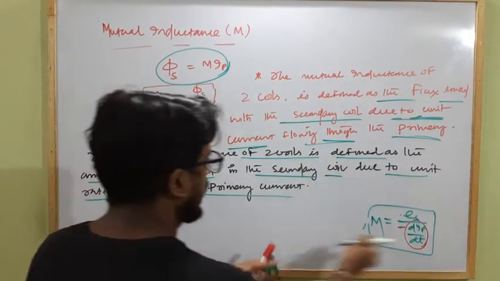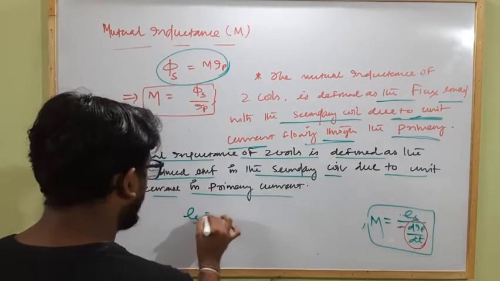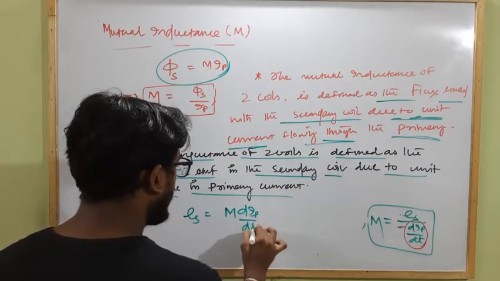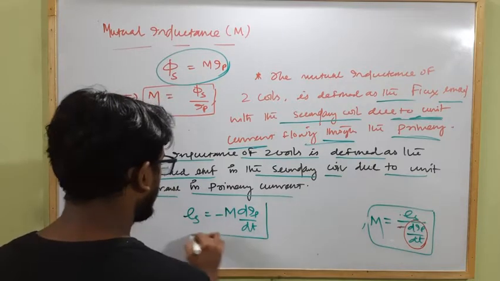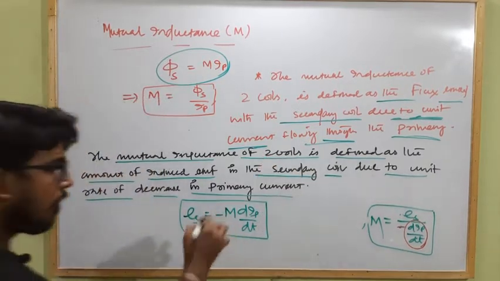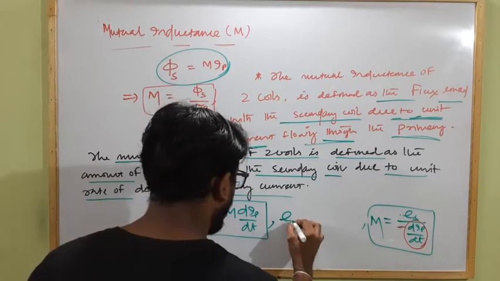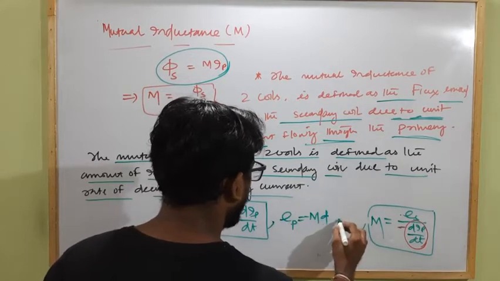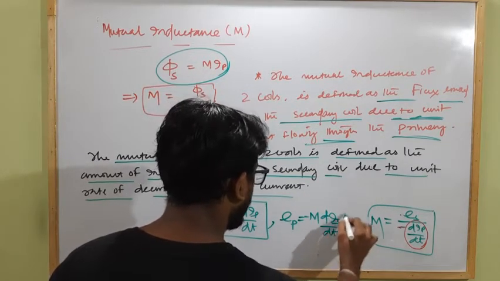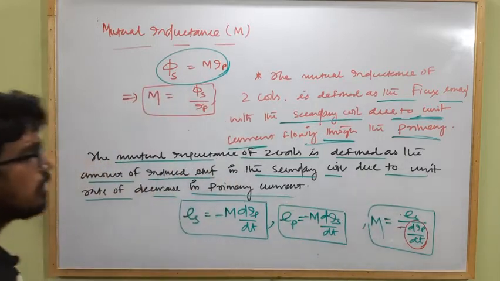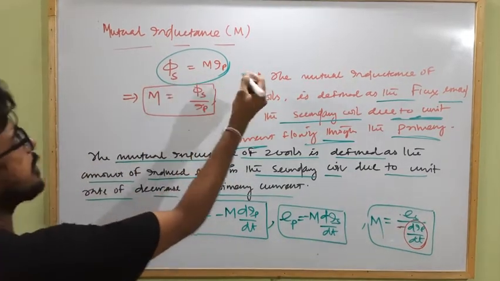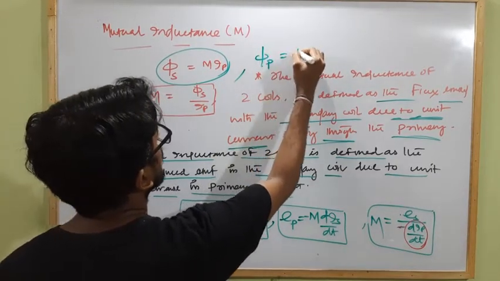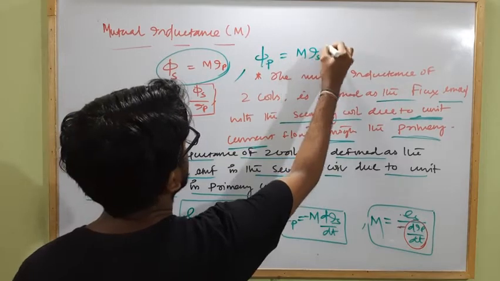So from here we can write the induced EMF in secondary coil equals M into minus dIP by dt. Clear? Similarly, you can write the induced EMF in primary coil equals mutual inductance into rate of change of current in secondary coil. Clear? Here we can write phi equals M into IP. This also can be written as the flux linked with primary coil equals the mutual inductance of both the coils into current in the secondary coil.